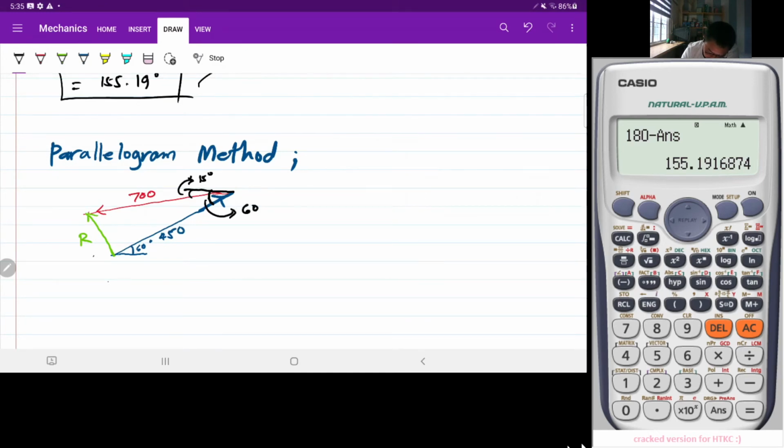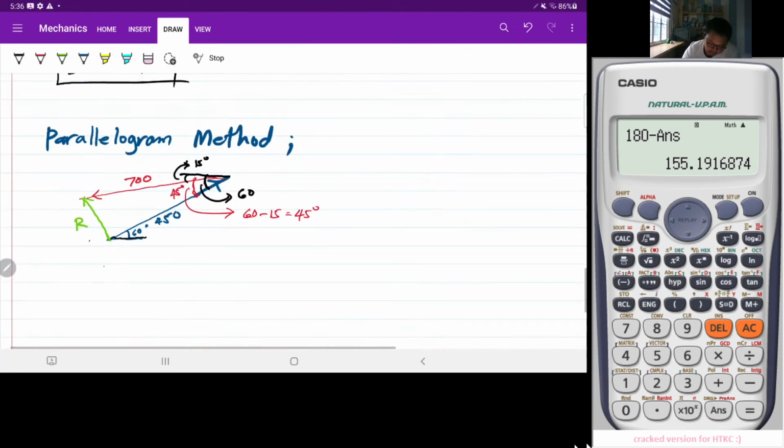Why? This is just opposite of this angle, 60, no? And from horizontal, that is 60. So we can solve now the interior angle. Okay, this one. So interior angle is equal to 60 minus 15 equals 45 degrees. Okay, so this is 45 degrees, the interior angle.